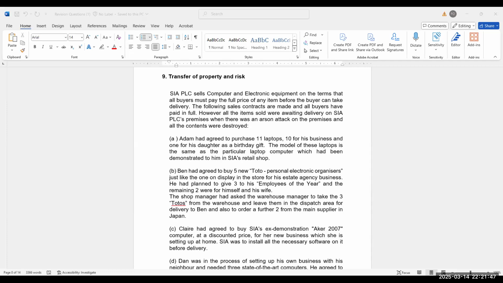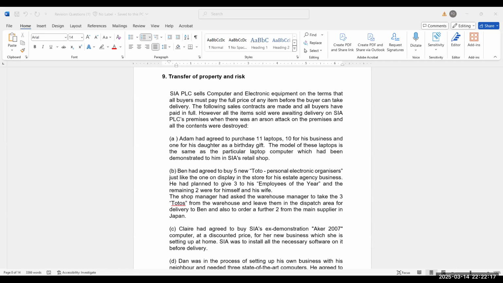The Law Reform (Frustrated Contracts) Act does not apply in this situation because Claire has paid for the goods but received nothing. She will be able to recover her price on the basis of total failure of consideration. So that's how she's able to avoid the contract. She can get her money back.